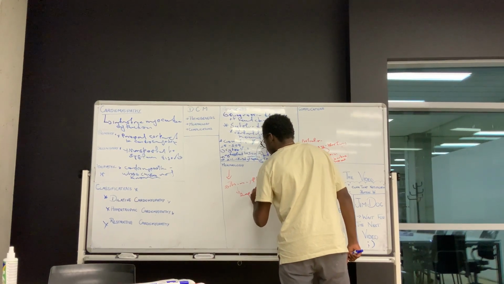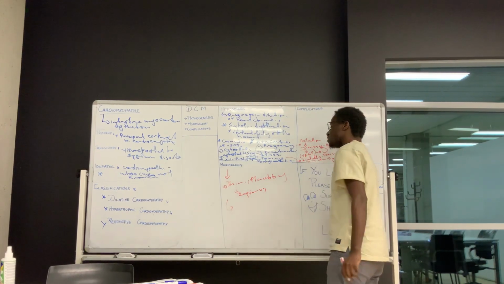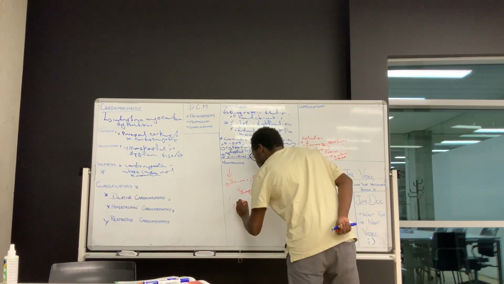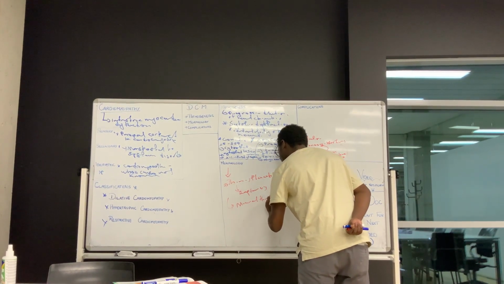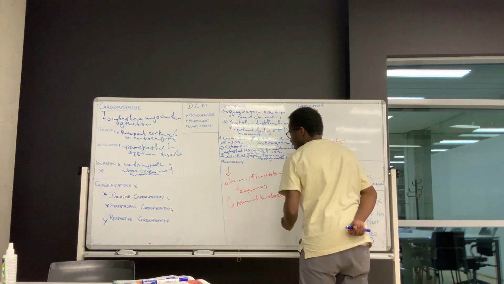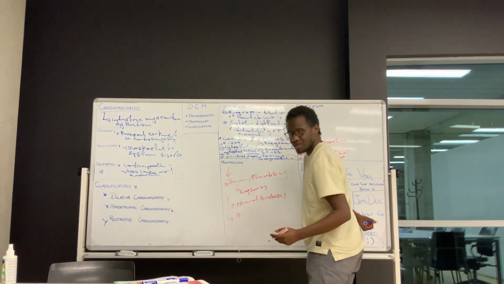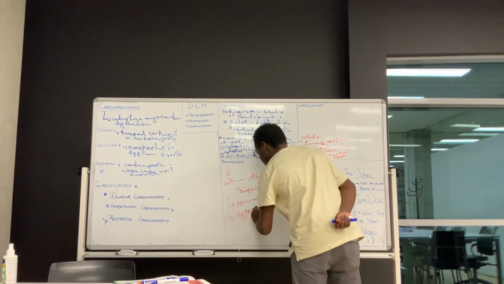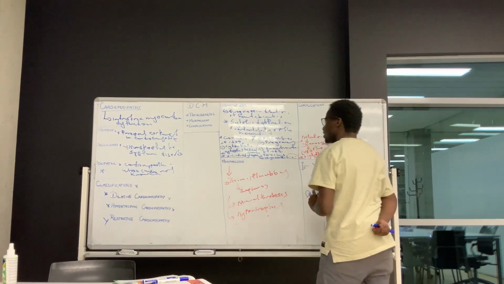Two, there is a high possibility of formation of mural thrombosis. Three, you can also concurrently have hypertrophy. Is that okay?